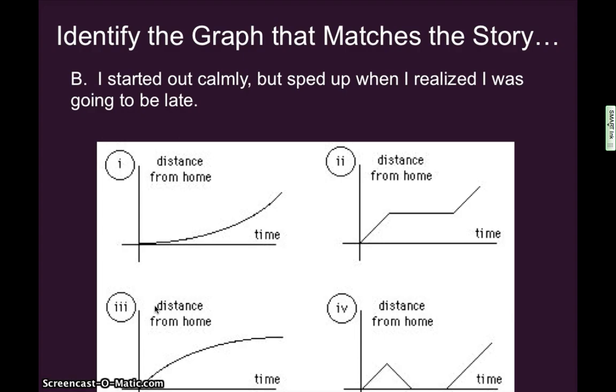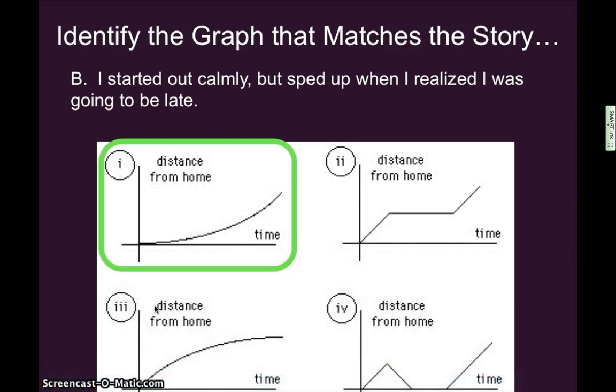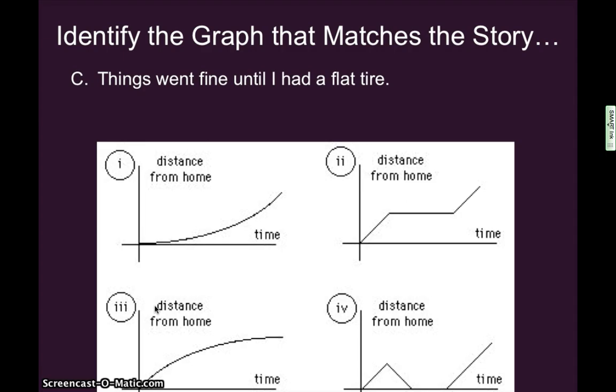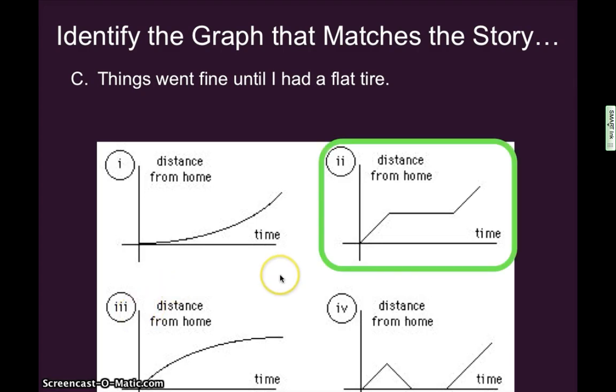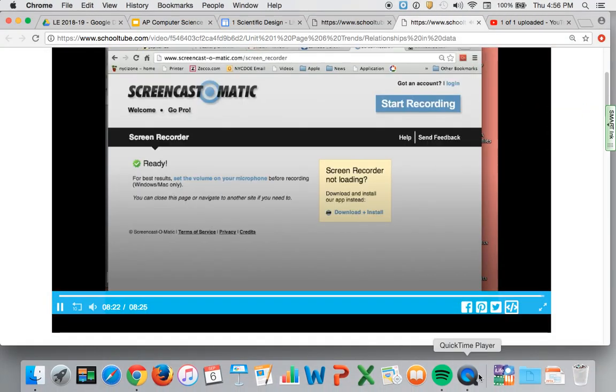So hopefully you got number 1 as the match for B. And then last, C, things went fine until I had a flat tire. Hopefully you guessed 2. So everything was going along smoothly, and then notice this distance, that's where the flat tire was. You're some distance from home, and then you continue again after you fix it.